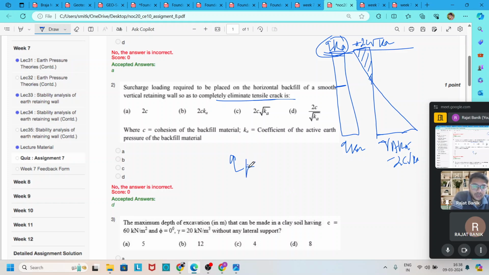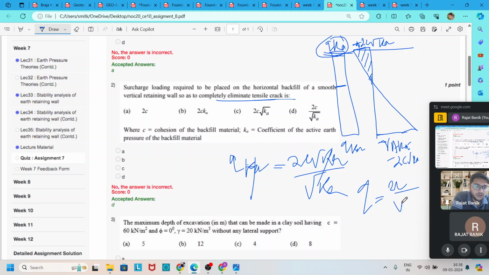So Q into Ka is equal to 2C root over Ka. If you cancel, it becomes root over Ka. So the answer is Q equal to 2C divided by root over Ka.